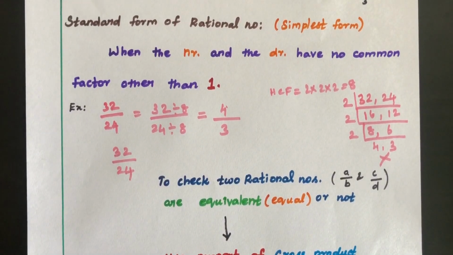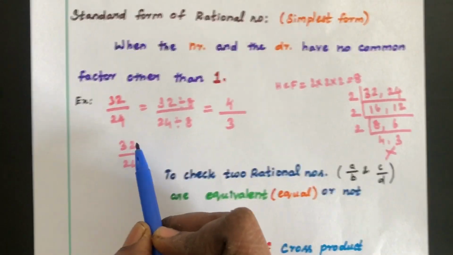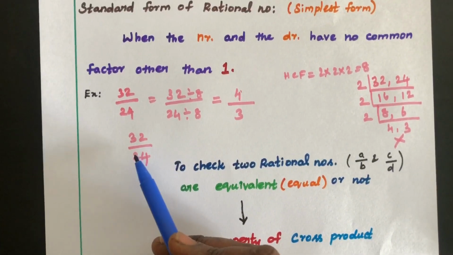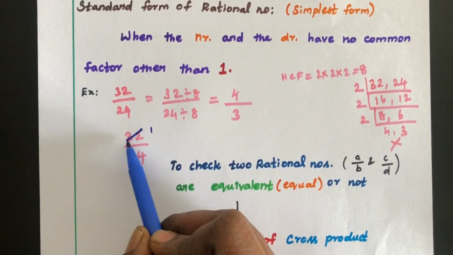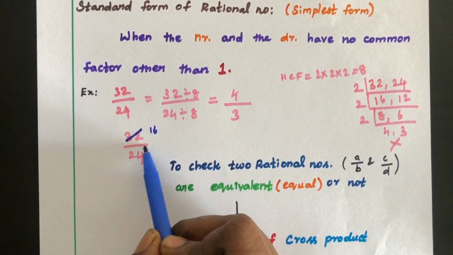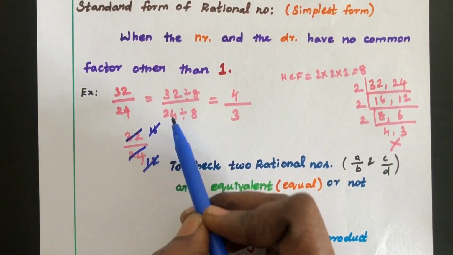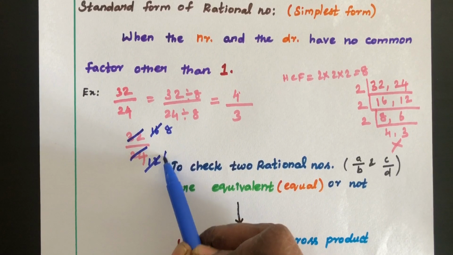How to do it directly? No need to find the HCF. Just cross-cancel. We know 2 is a common factor. Just divide like this: 32 divided by 2 is 16, and 24 divided by 2 is 12. Again we can cancel by 2: 8 and 6.